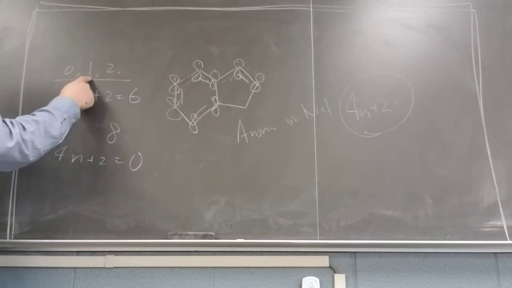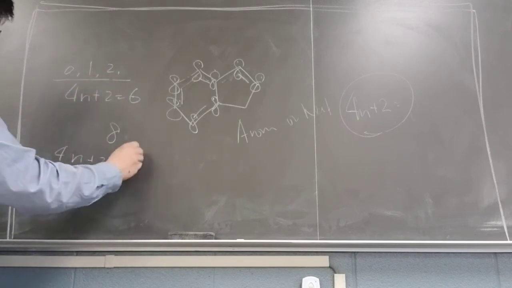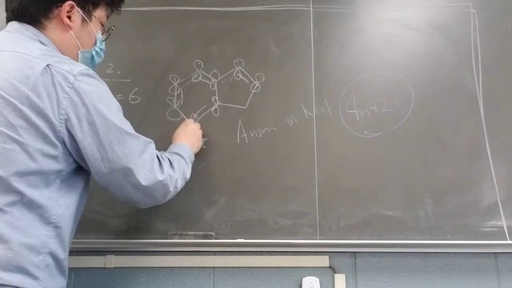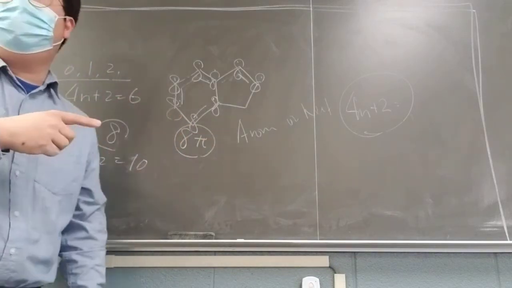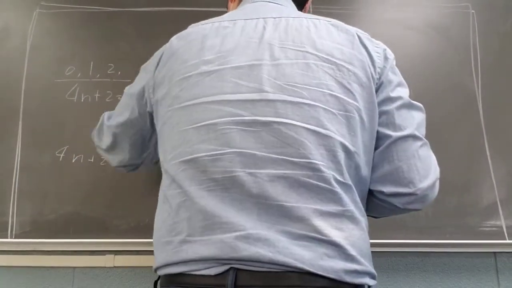If you try 1, that makes 6. If you try 2, that makes 10, right? But the number of pi electrons here is 8. So this will not be aromatic. Makes sense, right?